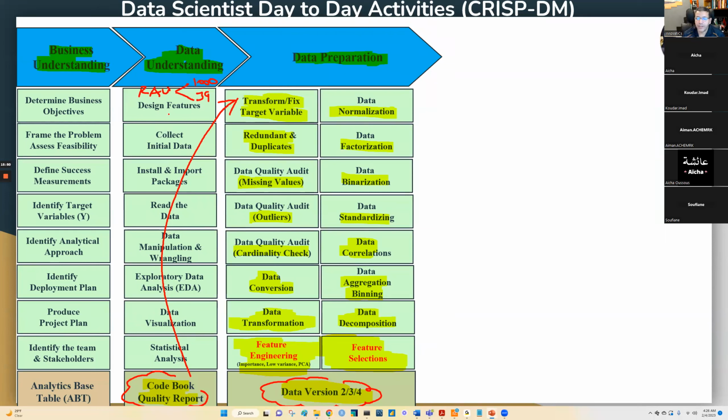So we eliminated ID features. We eliminated high cardinal features, features with too much personal information, and constant features. Then we eliminated dates, because of course we plan to use time series analysis.